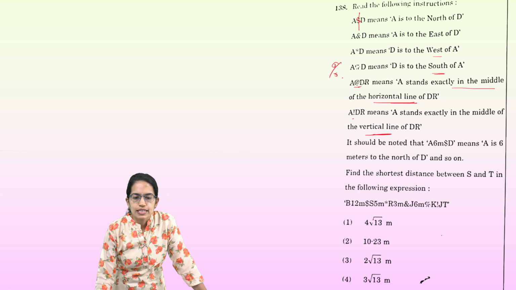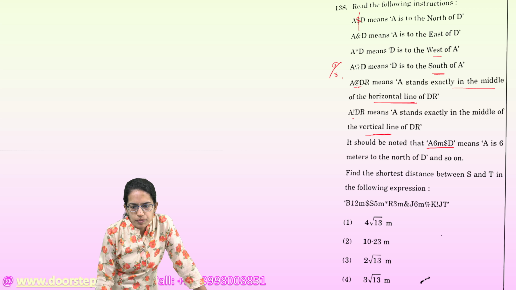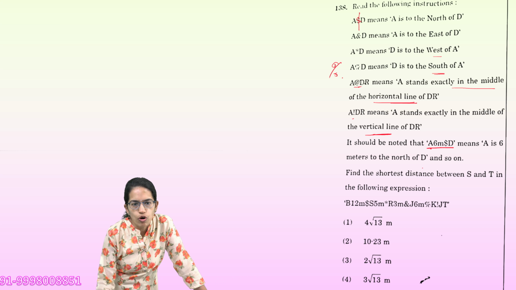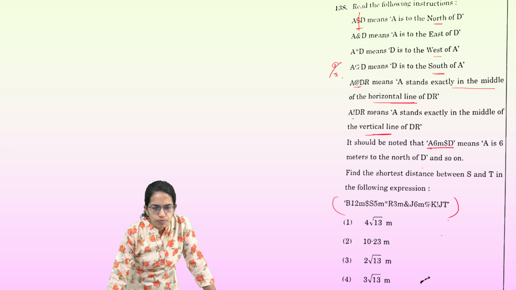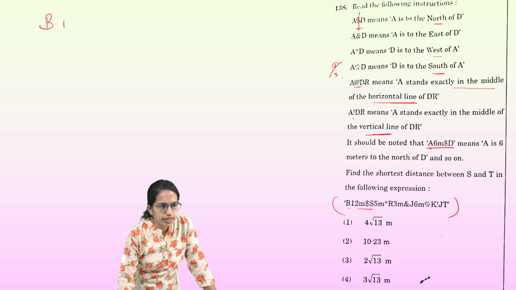So if it says A6M$8, that means A is 6 meters to the north of M, since the dollar is north, right? Understanding this expression based on what we have given: B is 12 meters north of S, right?